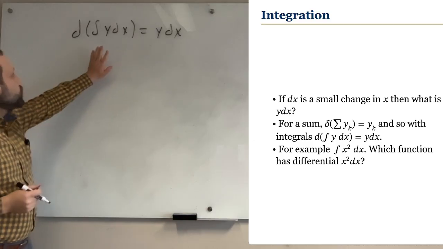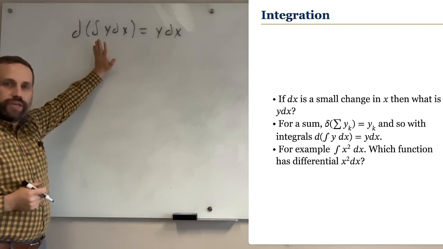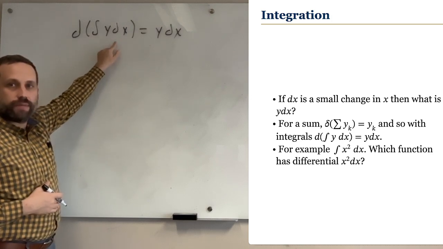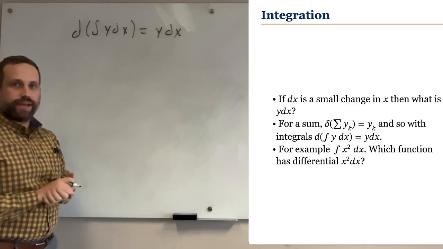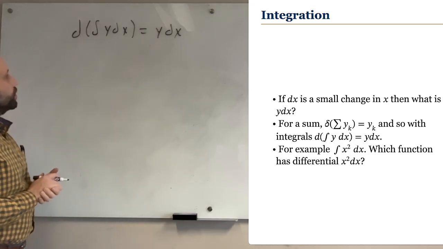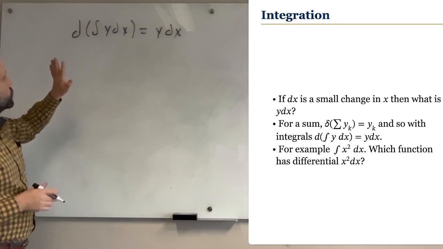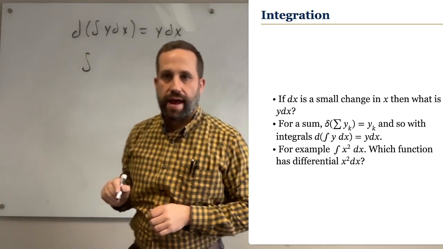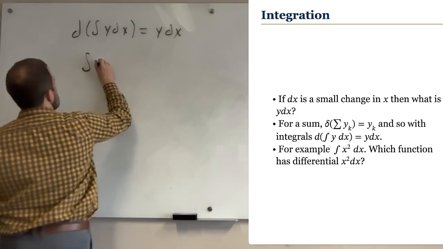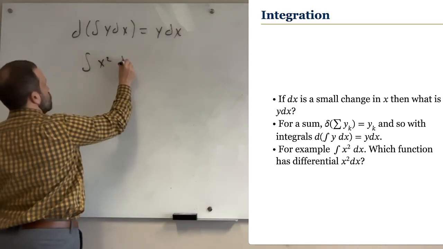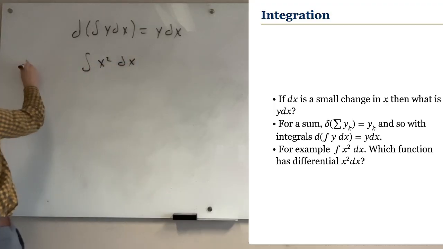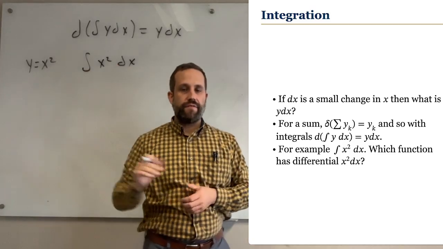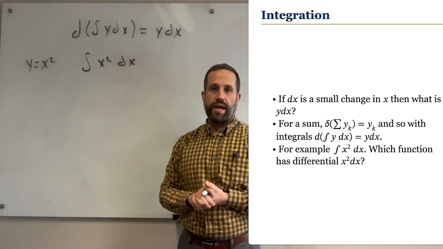Graphically, I'm not going to draw the picture because we know what that graph looks like. Y times dx: y is the height of a rectangle, and dx is the width of a rectangle. Now, let's say we want to compute the integral of x squared dx. Remember, it's like computing the area under the curve y equals x squared.